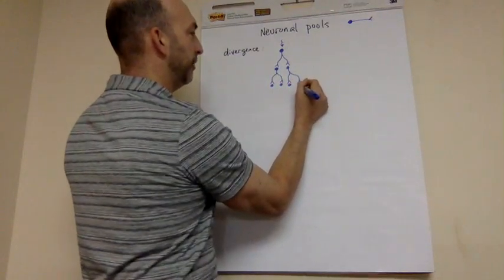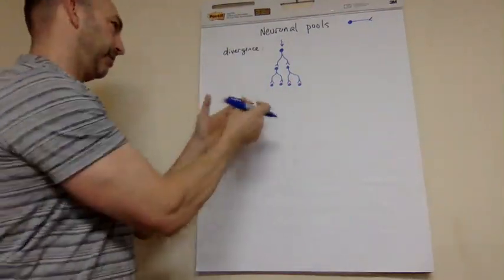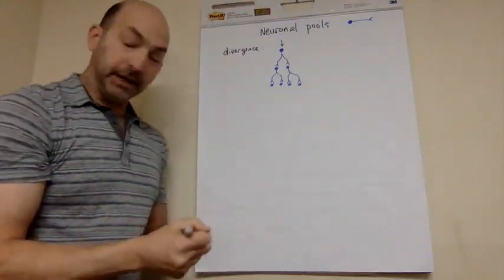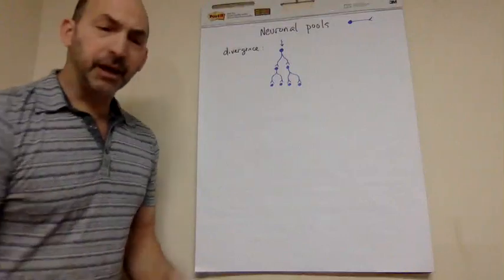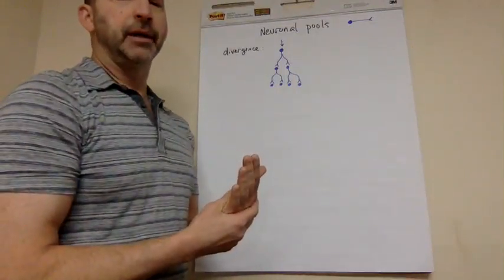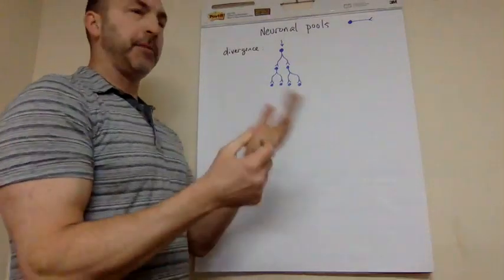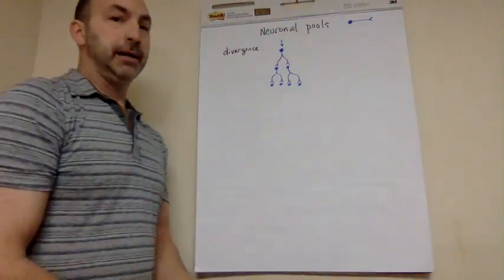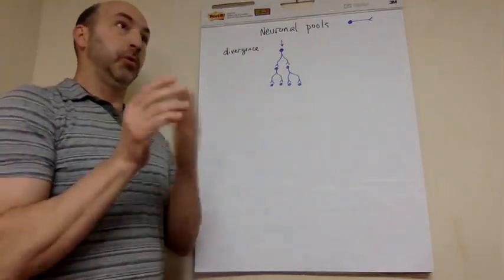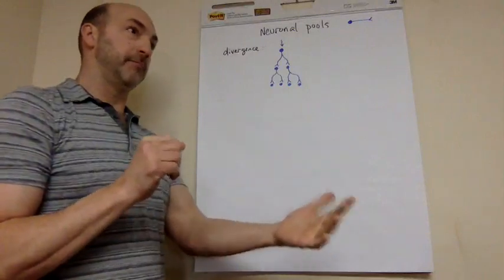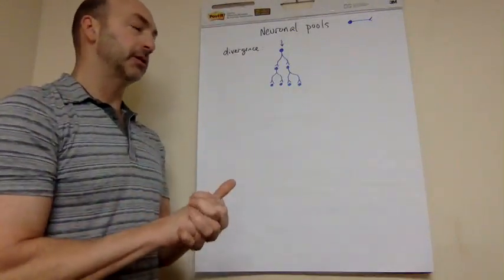And you can imagine that if we go through multiple cycles of this, we've diverged our information to many targets. This is really common in sensory function, where information is brought into the central nervous system, and then it diverges to go to multiple locations and possibly generate a multitude of different actions.